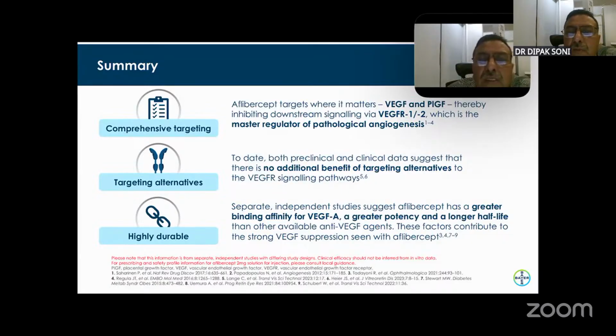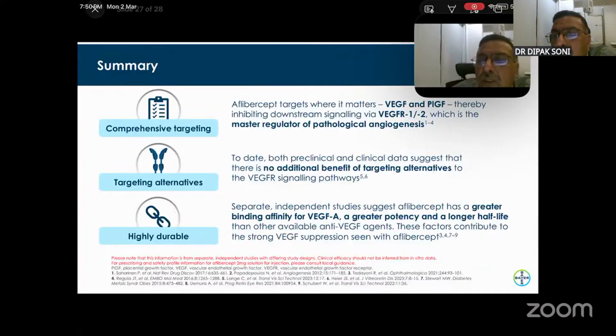To date, both preclinical and clinical data suggest that there is no additional benefit of targeting alternative signaling pathways. And separate independent studies suggest aflibercept has a greater binding capacity for VEGF-A, a greater potency and a longer half-life than other available anti-VEGF agents. This factor contributes to the strong VEGF suppression seen with aflibercept.